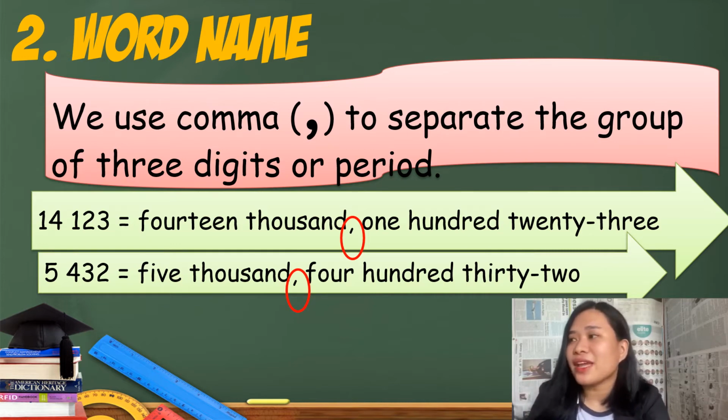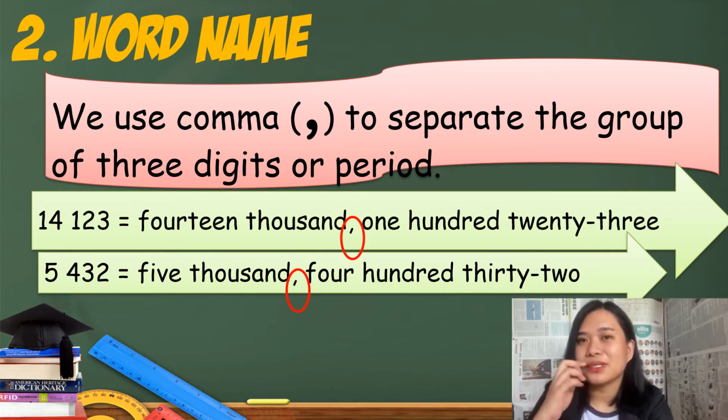So when we say 14,123, 14,000, 120 hyphen 3. Another example, 5,432. 5,000, 430 hyphen 2. Now try to do it with the following examples.